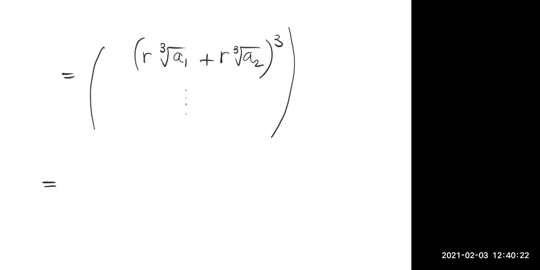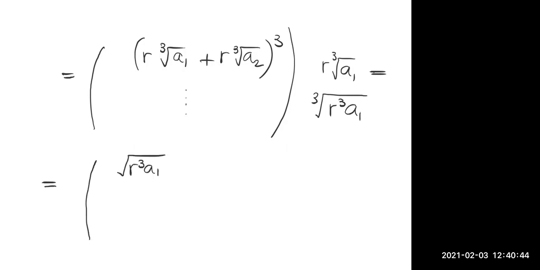So look at this number here, r times third root of a1. This is equal to the third root of r cubed a1, right? Just a simple computation. So this vector is equal to (third root of r cubed a1 plus third root of r cubed a2), the whole thing raised to the power 3. And the same thing is correct for the second and third component.